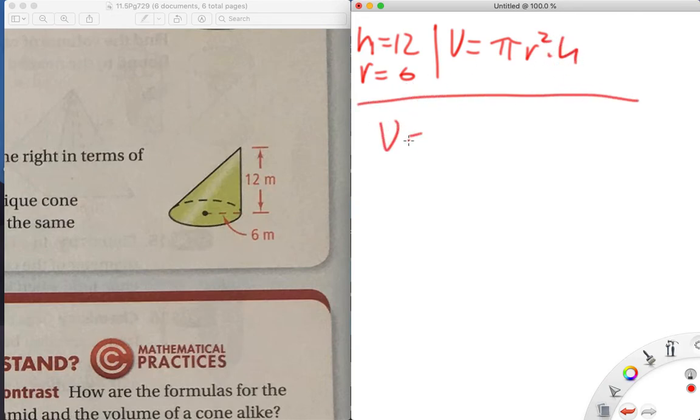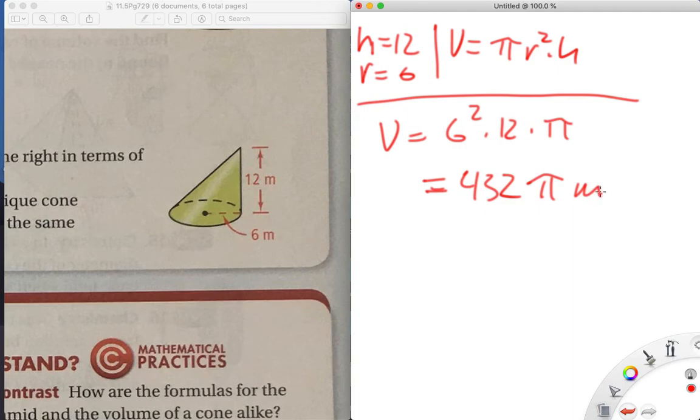So our volume would be 6 squared times 12 times pi, which is 36 times 12, which equals 432 pi.